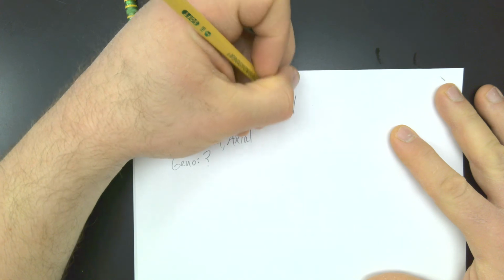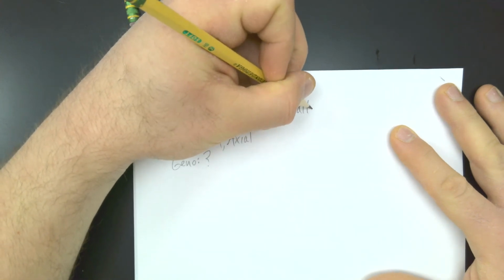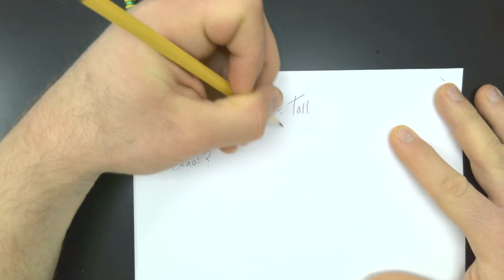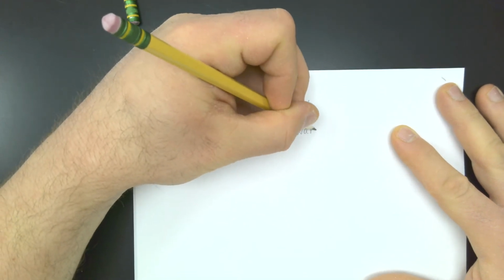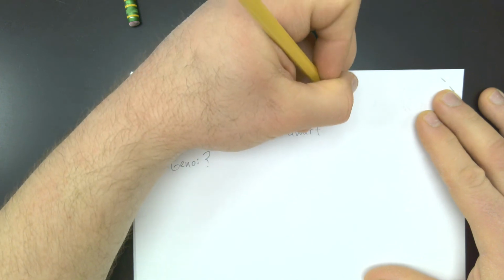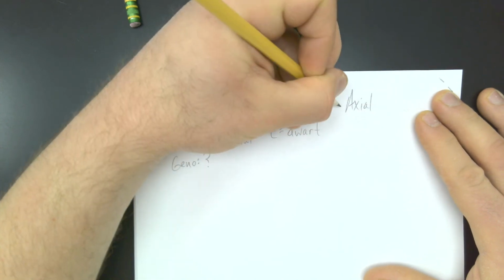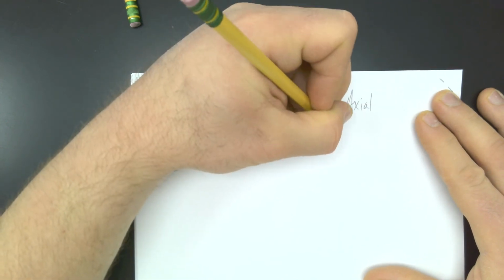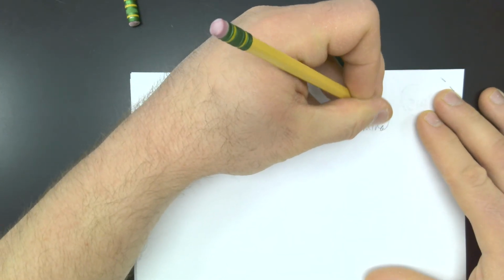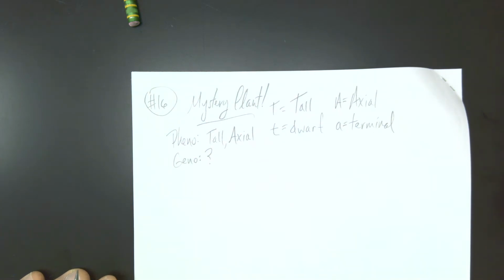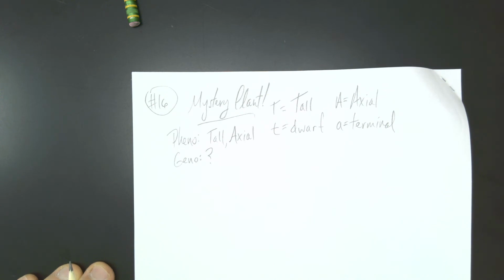Other stuff we know: tall is dominant to short or dwarf pea plants, and axial flower position is dominant to terminal flower position. Again, we're writing down the stuff we know. Big T is dominant, the dwarf, and the axial flower.